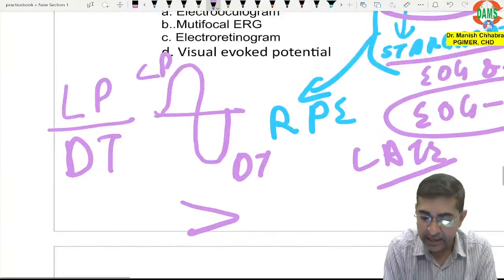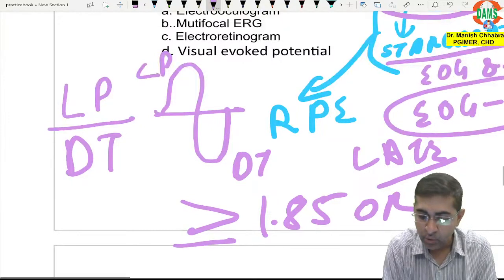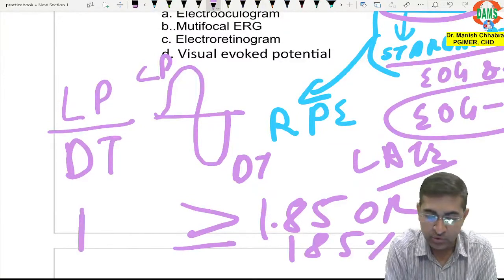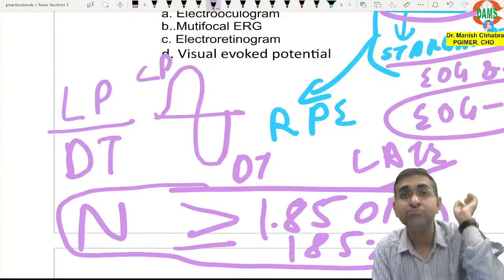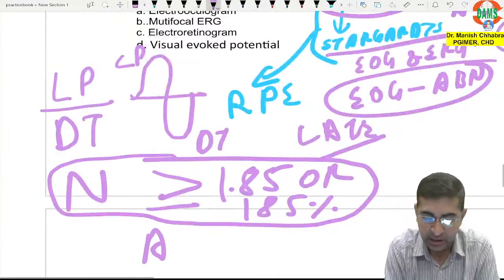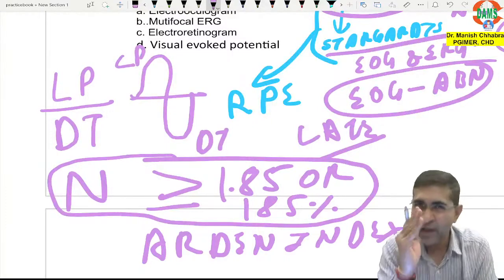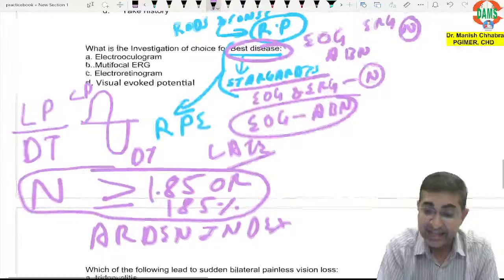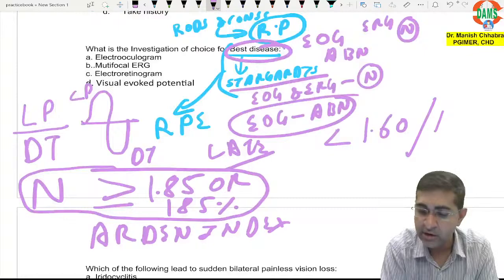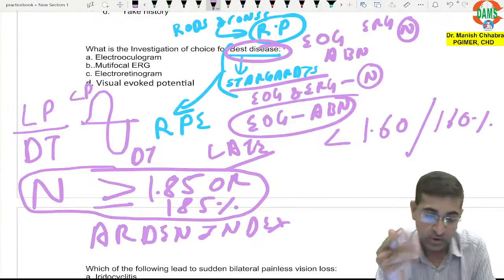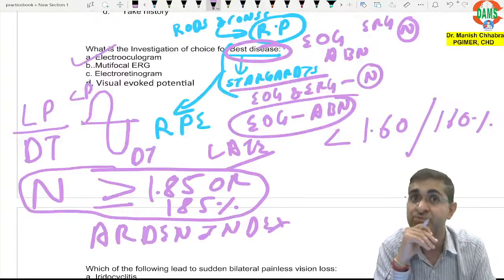If it is more than or equal to 1.85 or 185%, that tells you that it is normal, and this normal value of 1.85 or more than 185% is your Arden index. You will say it is abnormal if it is less than 1.60 or 160%. So the answer is electrooculogram. It is the investigation of choice for Best disease, boys and girls.